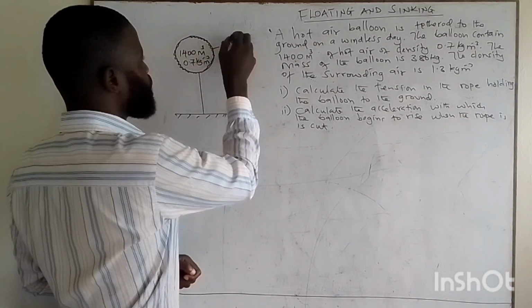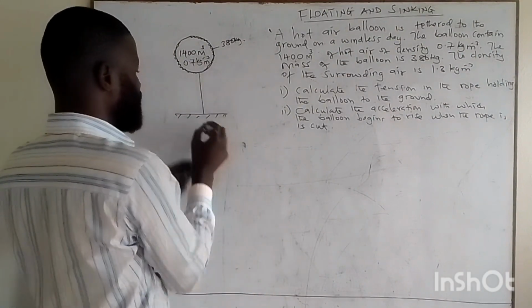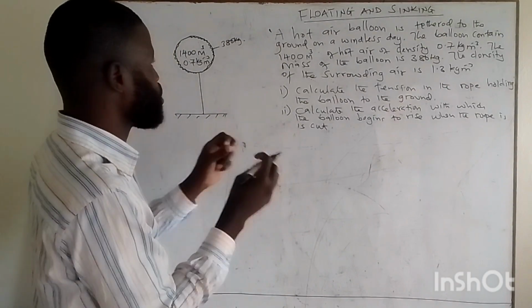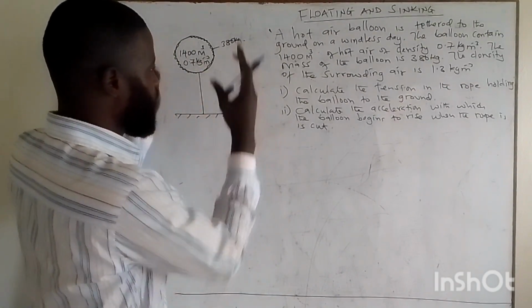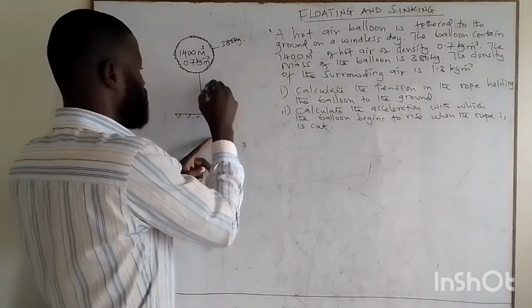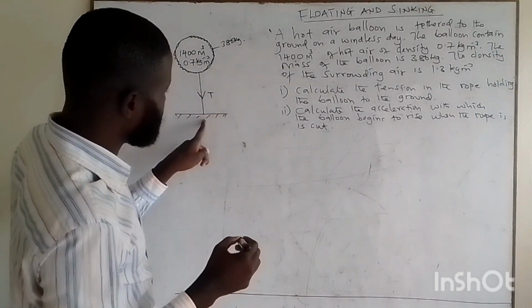The balloon has a mass of 380 kilogram. So the balloon here is tethered using a rope, and therefore, owing to the fact that it has a low density, we expect an upthrust to be acting on the balloon. So the string or the rope here will experience a tension that is directed towards the fixed point here.